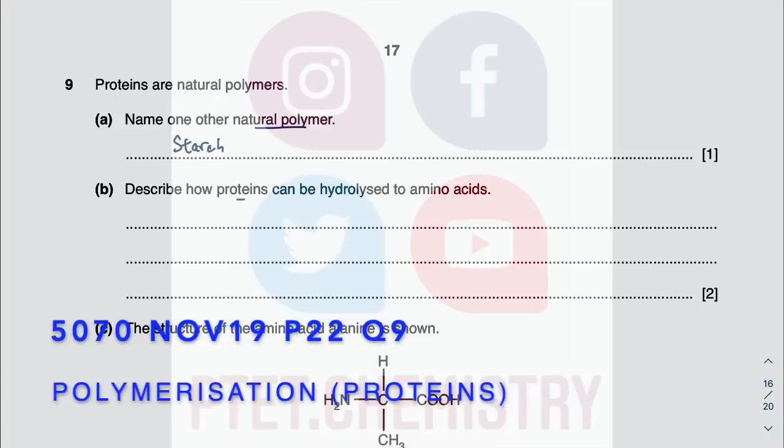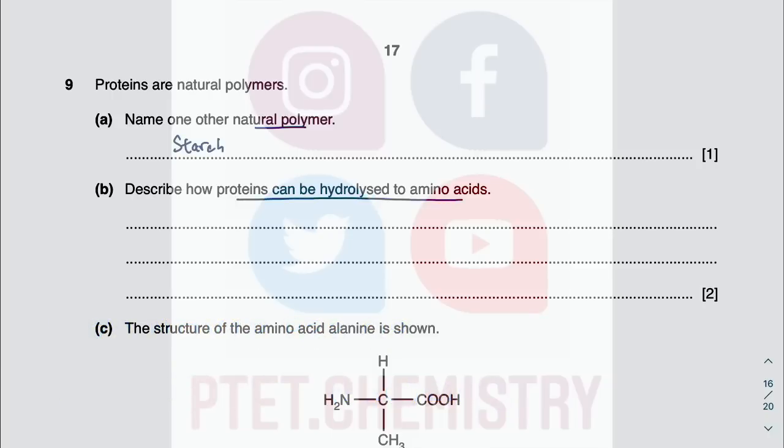So proteins can be hydrolyzed to amino acids. In the body, in the digestive system, that will be using enzymes, right? That's how you digest proteins to amino acids from the food. But they did not specify it's in the digestive system, so this is by a chemical method, not inside the body.